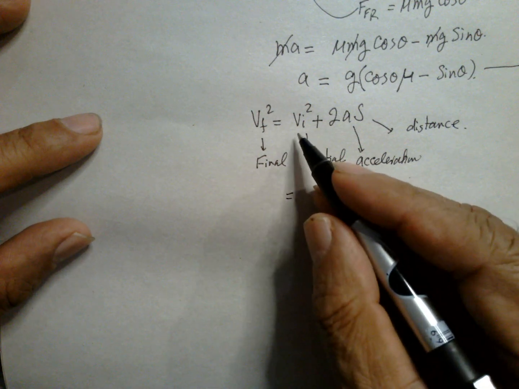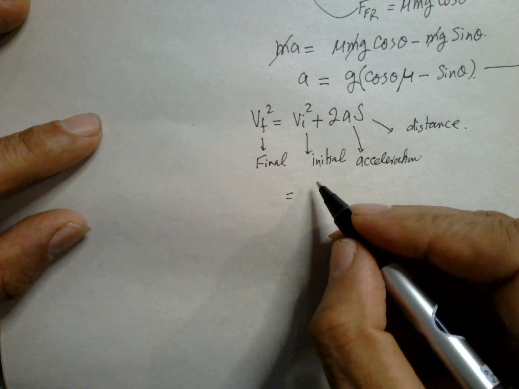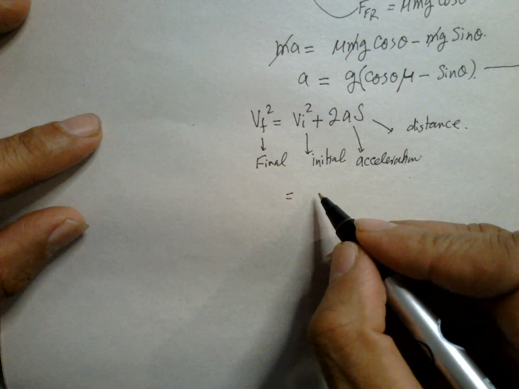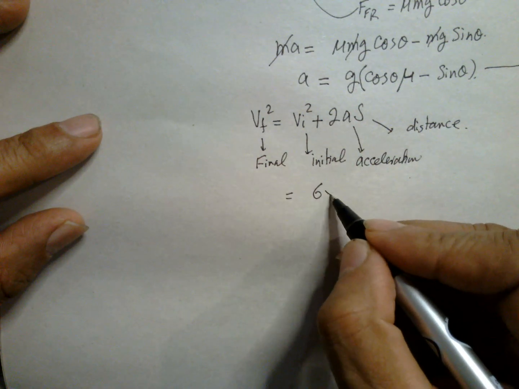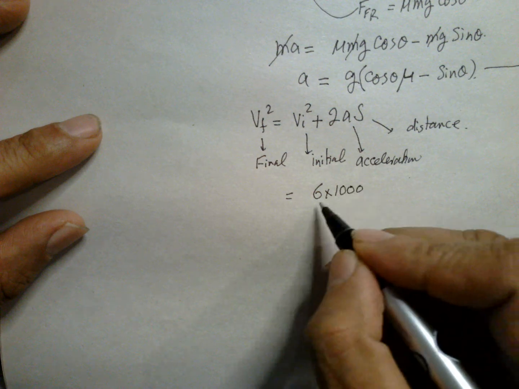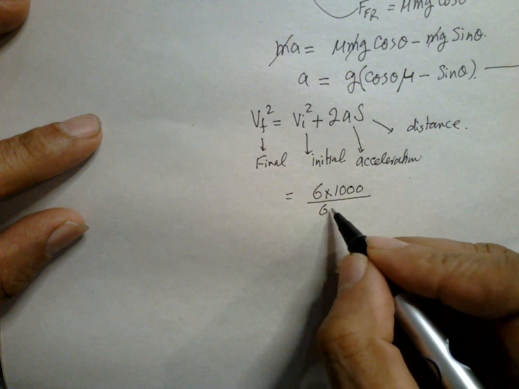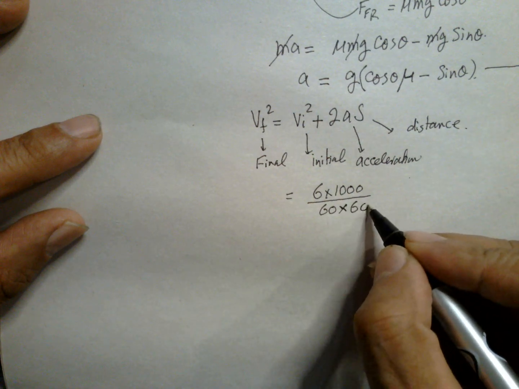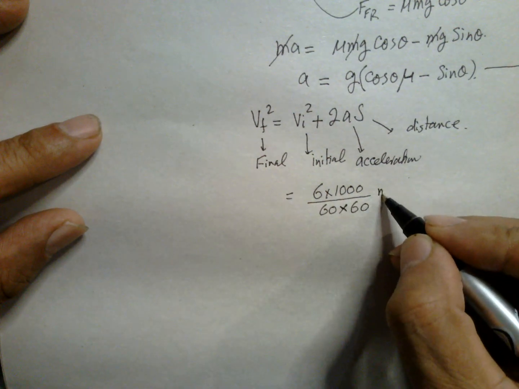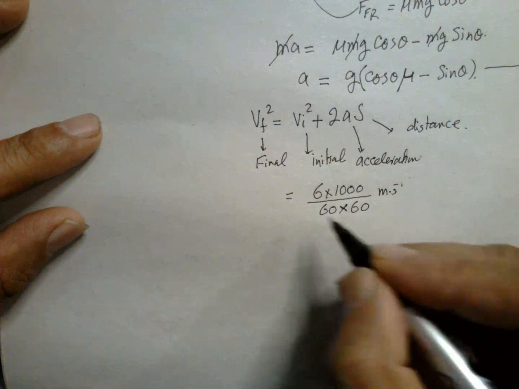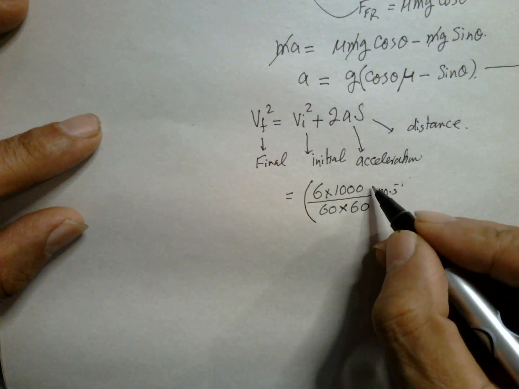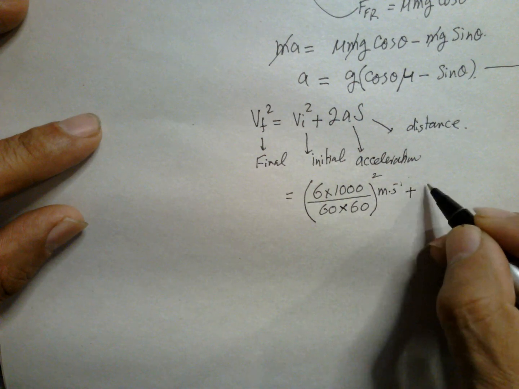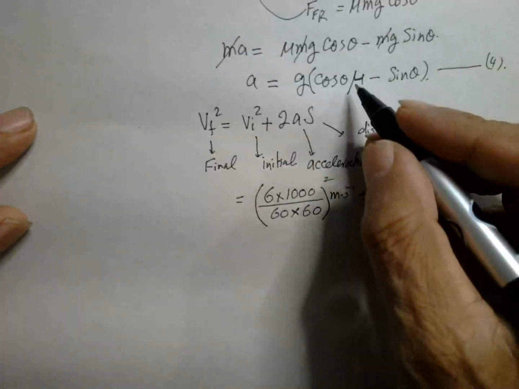So Vi is equal to 6 kilometers, times 1000 per hour, divided by 60 minutes multiplied by 60 seconds. So this is in meters per second, whole square, plus 2a.